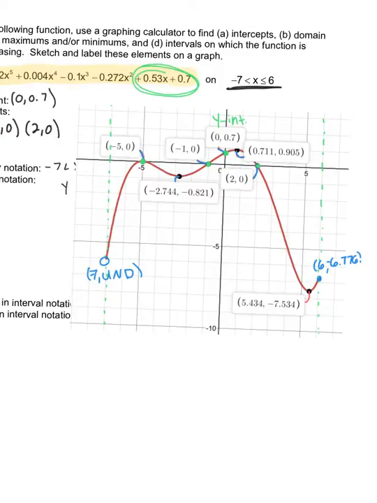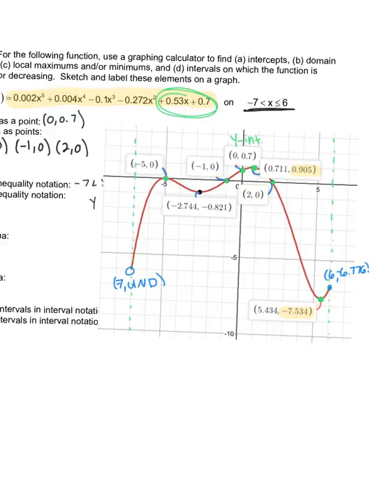So the bottommost point is down here, and my topmost point is up here. Okay, and I'm only going to be paying attention to the Y values of those points. So that number there and that number there are all I care about for the range, and I'm going to go from the smallest number to the biggest number.